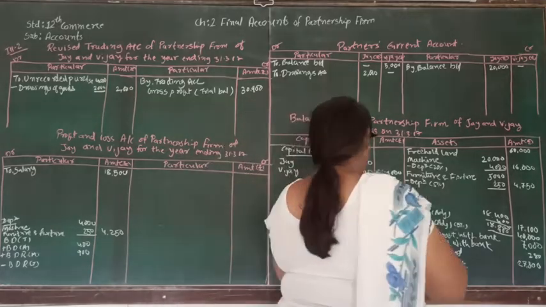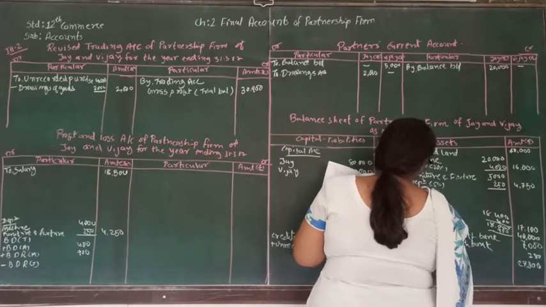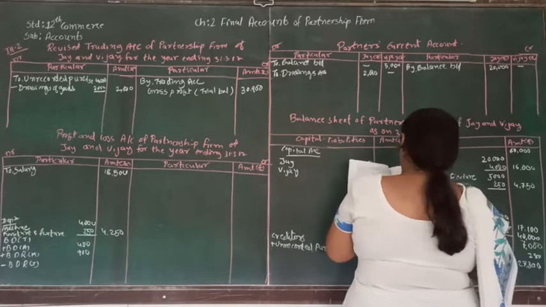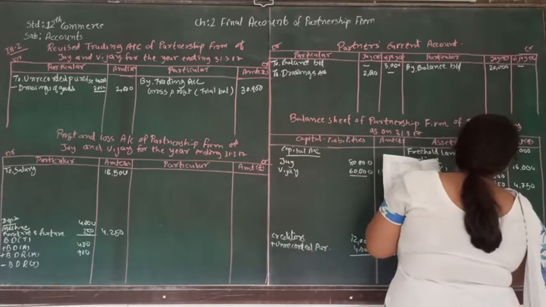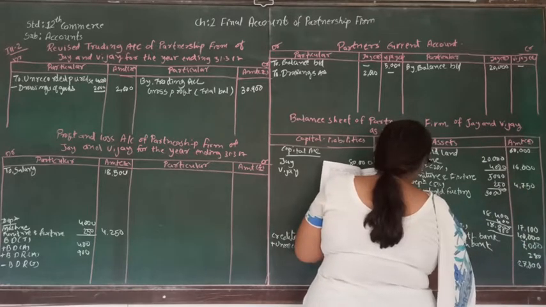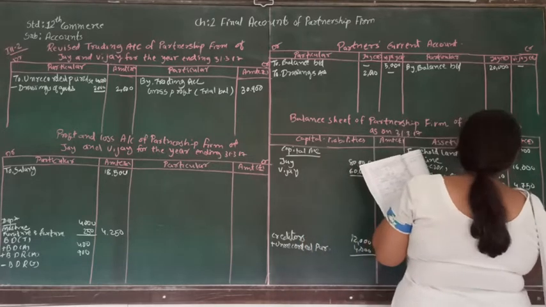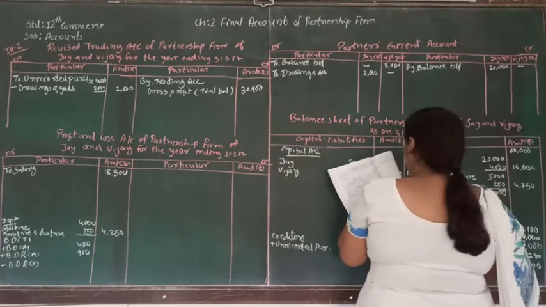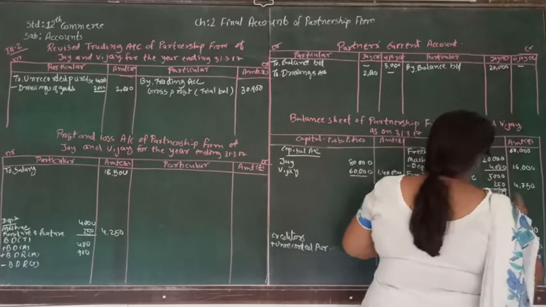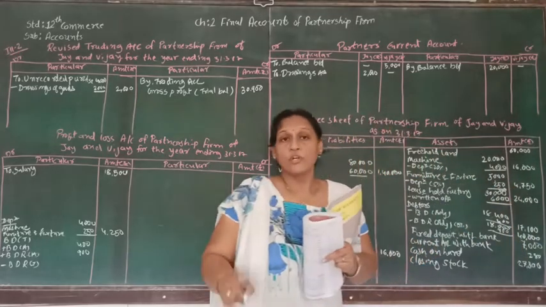So let's write down lease old factory, and that will be 30,000. From 30,000 the write off value will be 6,000. So the outer side column amount will be 24,000 and this 6,000 we are going to write off.